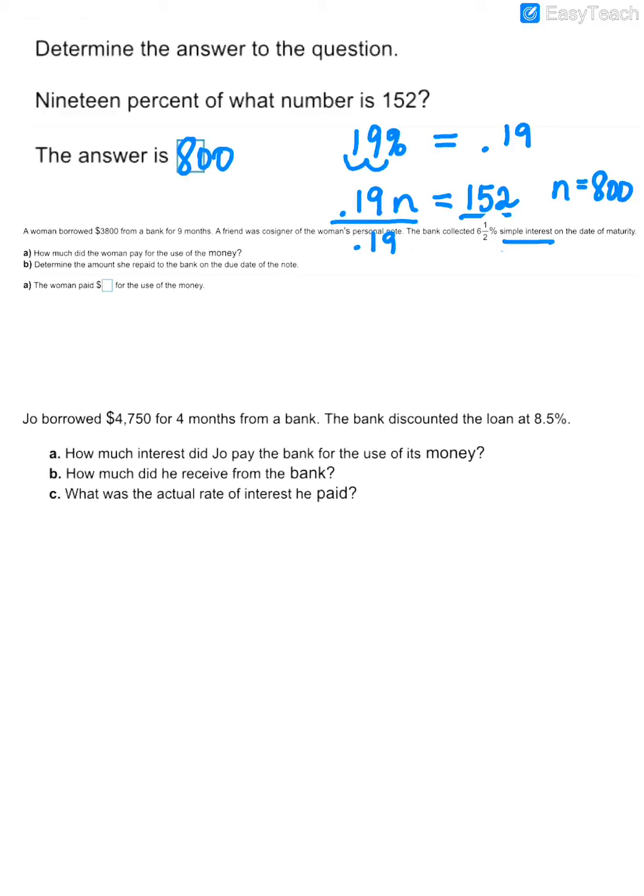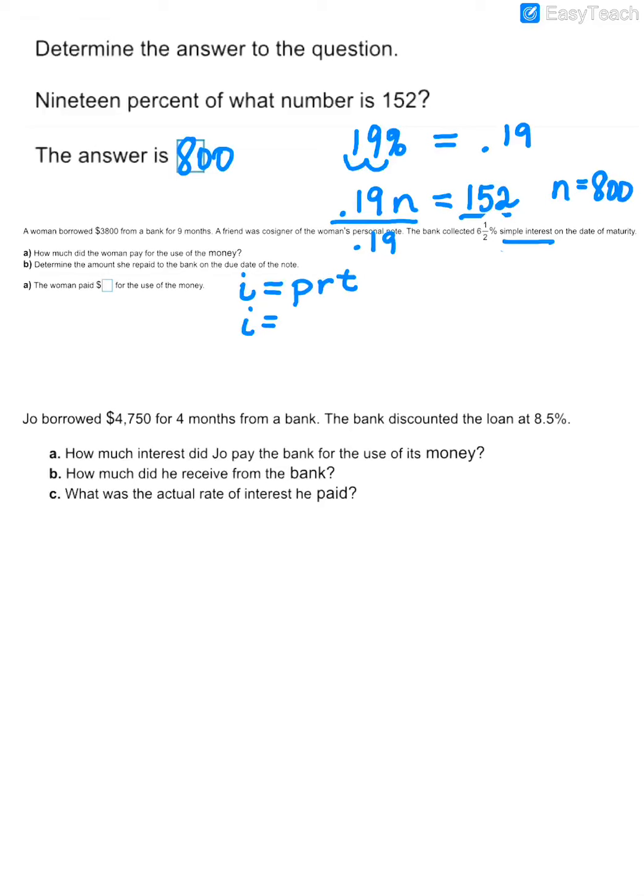So we call that interest, and when they call it simple interest, your formula says that I for interest is equal to P, which is your principal, the amount borrowed, times your rate as a decimal, times your amount of time.